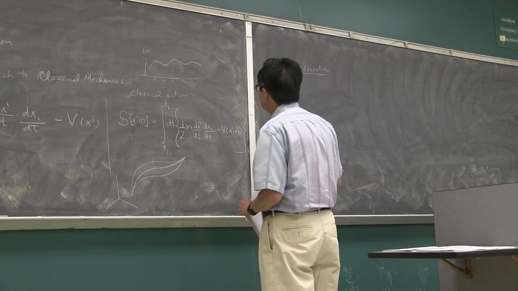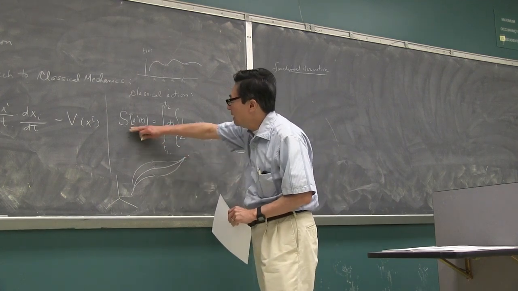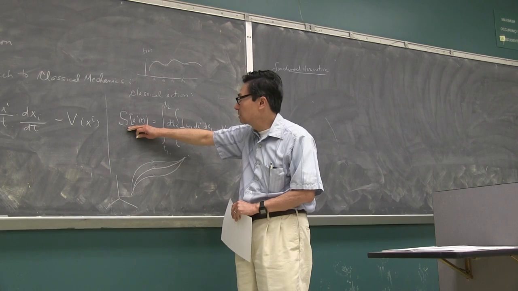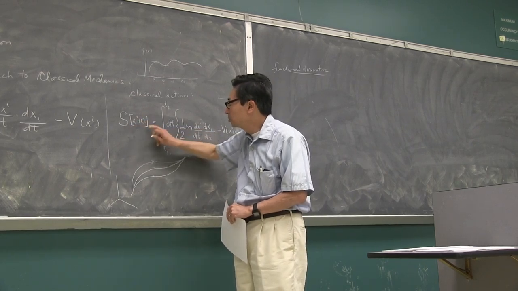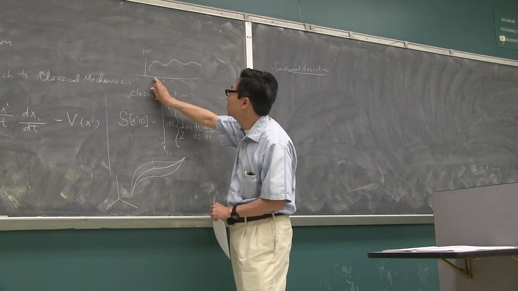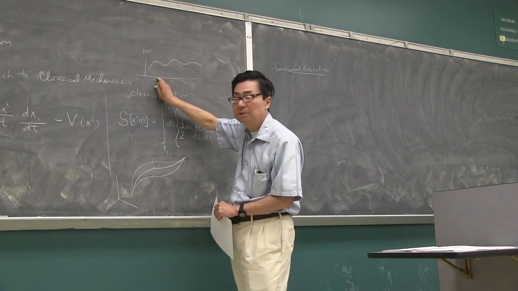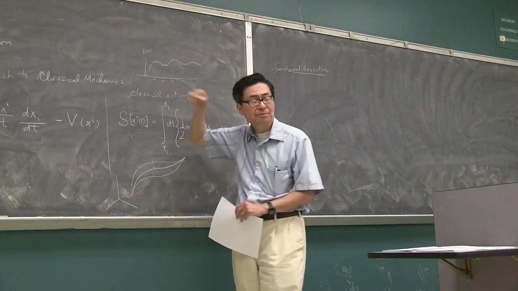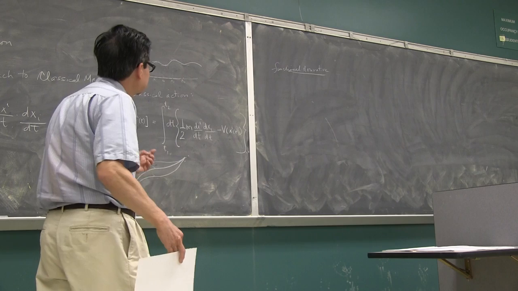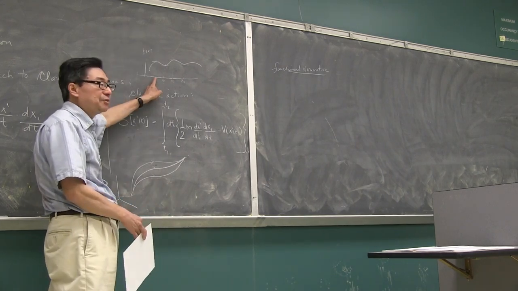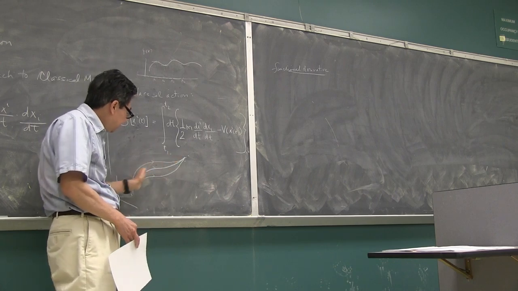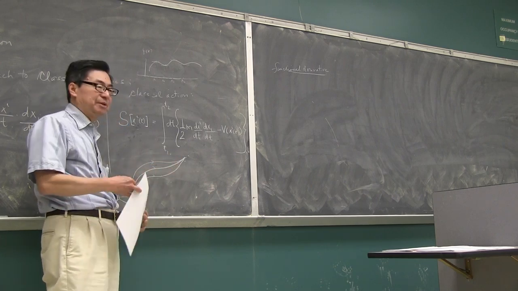You consider what happens to this classical action when you change the path slightly. Just like here, you consider what's going to happen to the function when you change the position of the independent variable slightly. That's what you do essentially when you try to calculate the first derivative, right? So instead of varying from one particular value of x to a neighboring one, you vary from one particular path to a neighboring one. Okay?